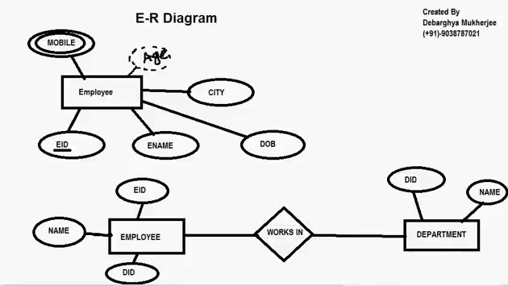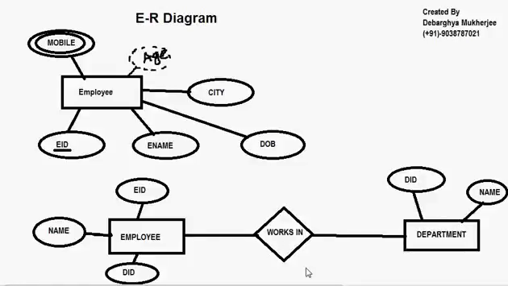Any employee can work in any department. Now you must define the cardinality, that is, how many employees work in a department, or is there any chance that one employee can work in multiple departments, or in a department we can have many employees.